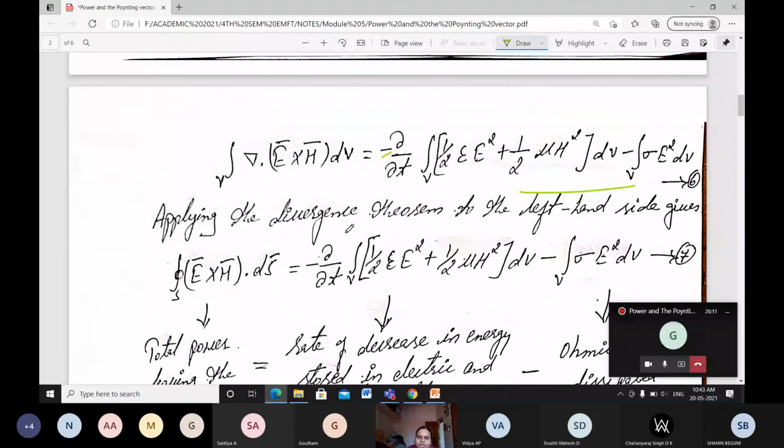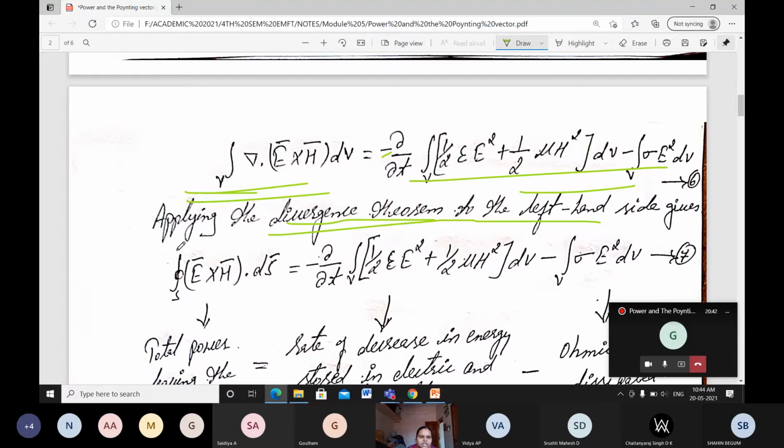Now we will apply the divergence theorem to the left hand side of the equation. Therefore, instead of a volume integral, it will change to a surface integral. Observe here, only at the left hand side, instead of the volume integral, a closed surface integral appears when I apply the divergence theorem.